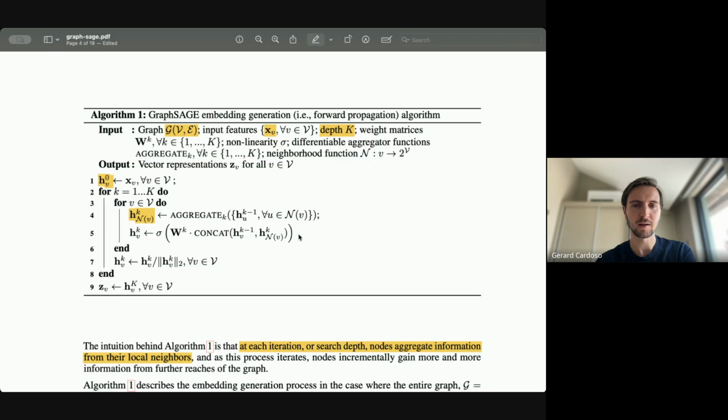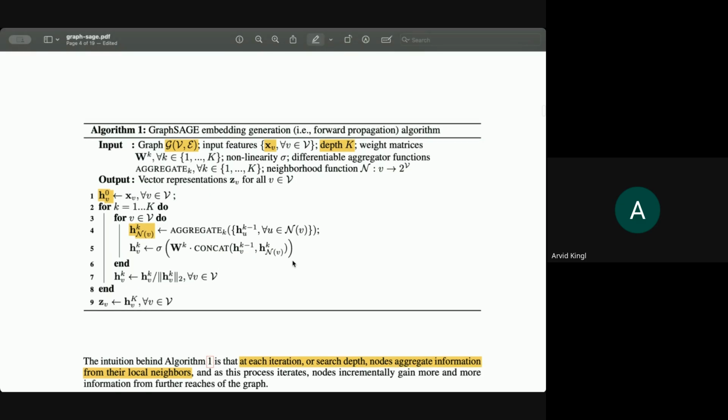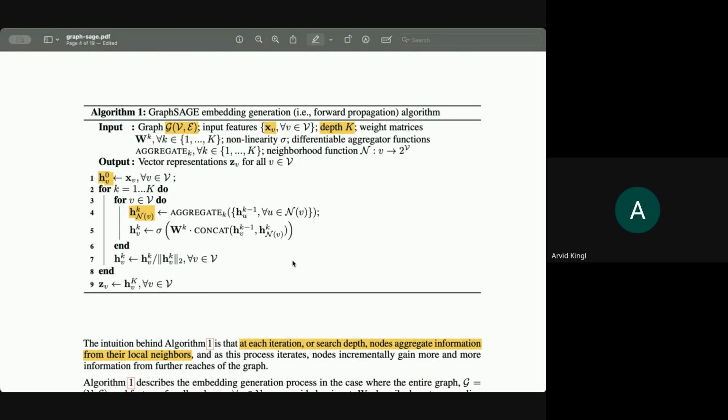So you mean after here, you could have another skip connection? Yeah, in principle, I think that could be a skip connection. So this W could train itself in such a way that it essentially ignores anything that comes from the neighborhood and only passes on the h^(k-1).